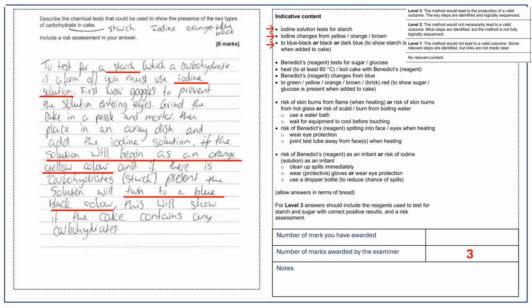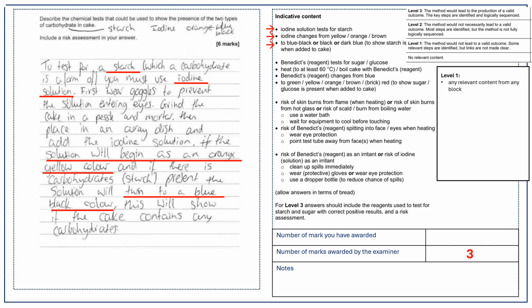To help you with this, there is a little more guidance that we can use with regards to those descriptors. To get into level 1, a student must have some relevant content from any of those blocks on the mark scheme. To get into level 2, the student needs to correctly identify one of the reagents and the associated positive colour.